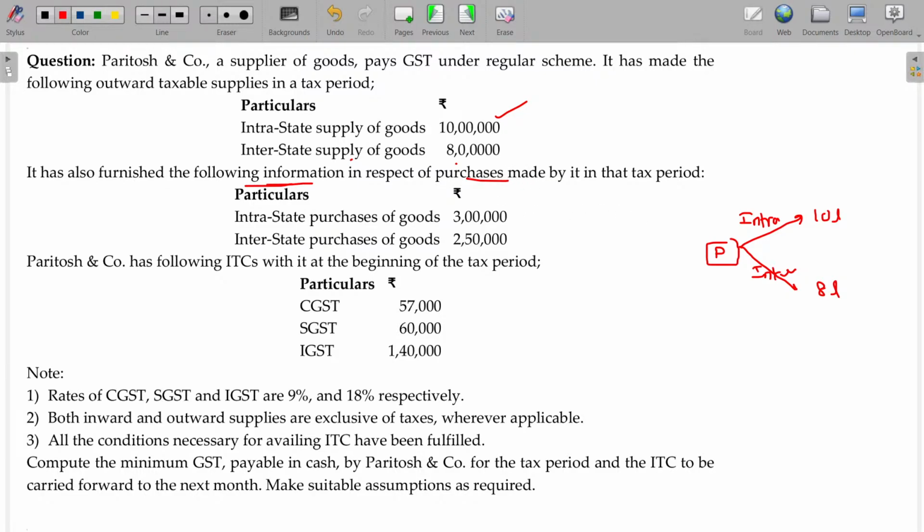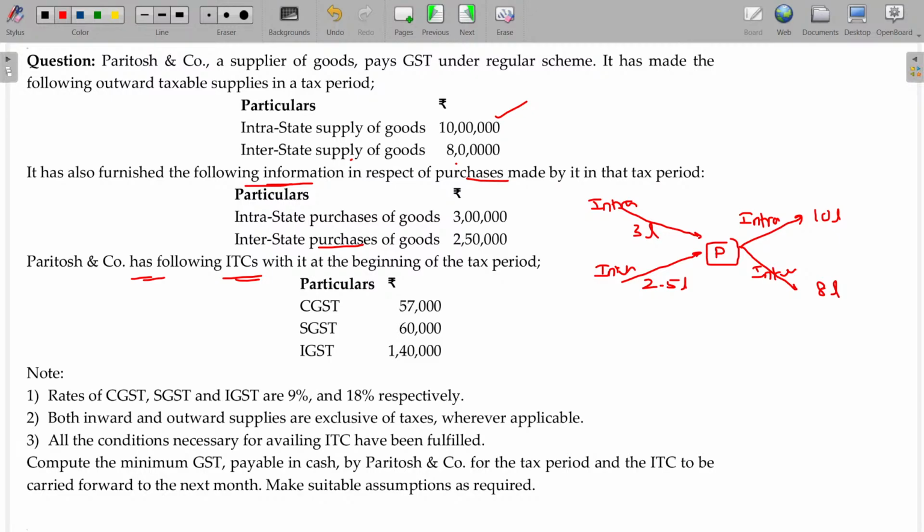For that, the purchases: intrastate purchases 3 lakhs, interstate purchases 2.5 lakhs. Paritos company has the following ITC with it at the beginning.